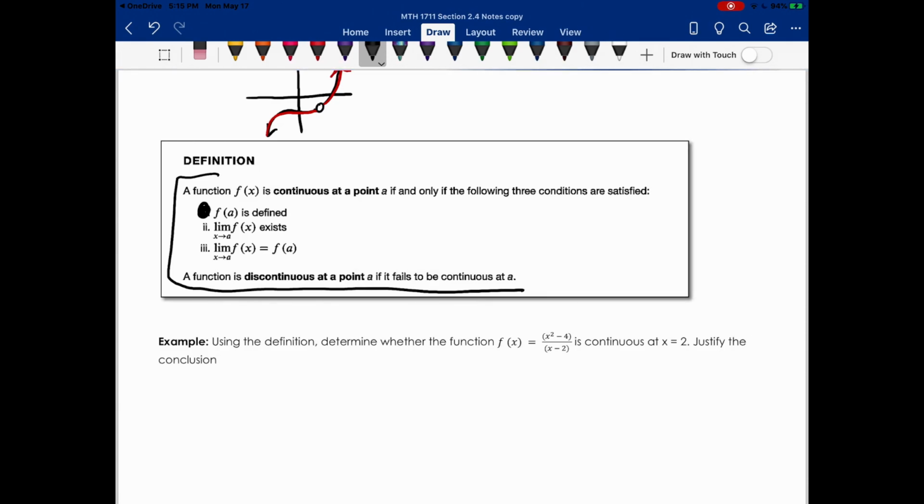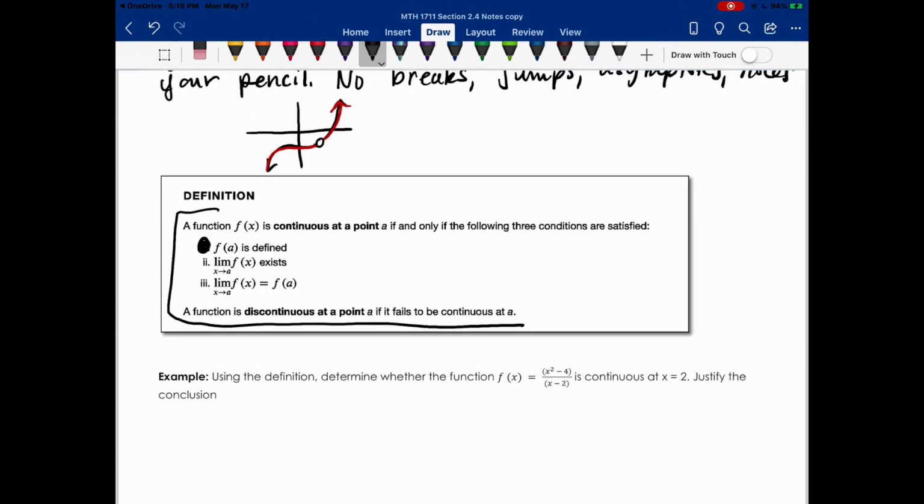That value at x equals a has to be defined. So, for example, if we look at this picture I just drew up here, if this was labeled as point A, this would not be defined. There's no value there. This would not be continuous based on just the first part alone. And in order for a function to be continuous, all three of these properties have to be satisfied.